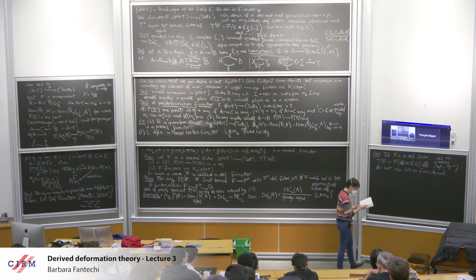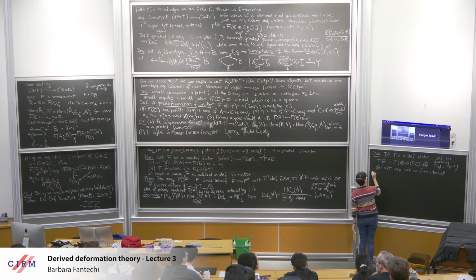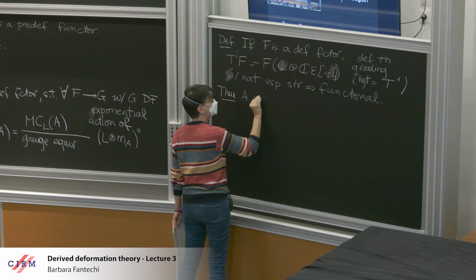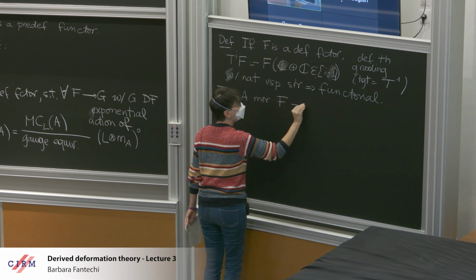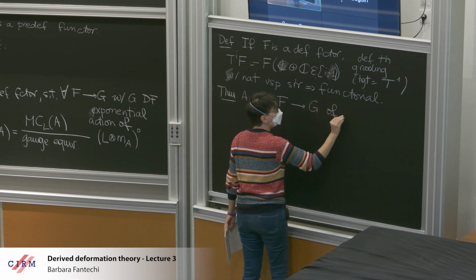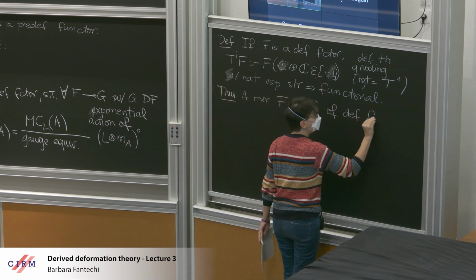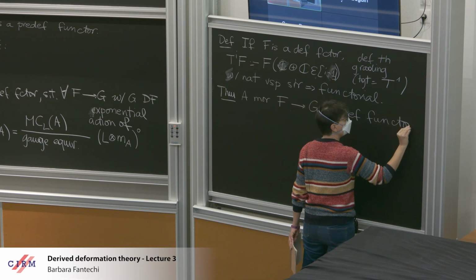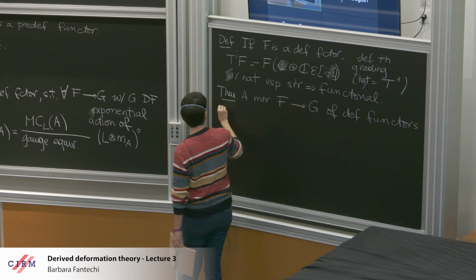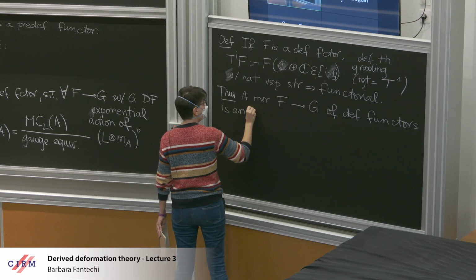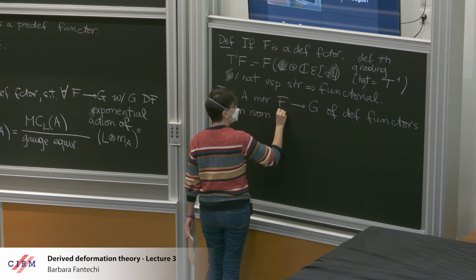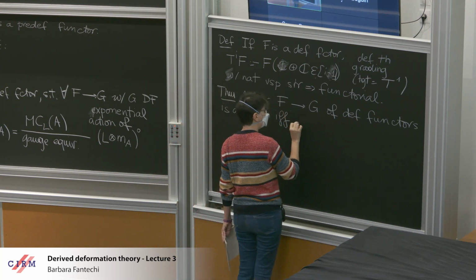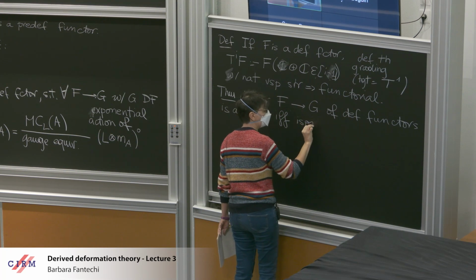And in fact, we have another theorem that a morphism F in G of deformation functors is an isomorphism if and only if it's an isomorphism on all tangent spaces.